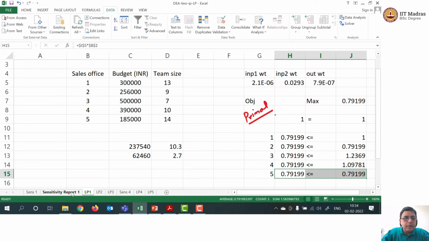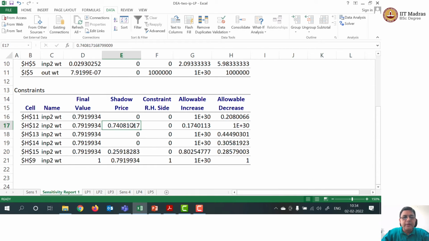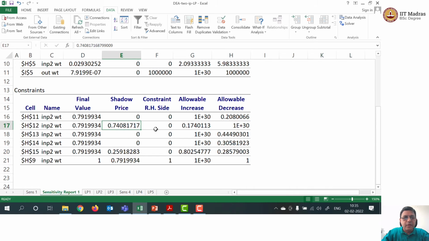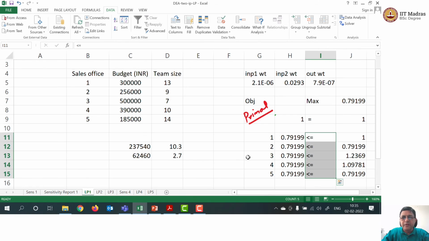So now there are only two dual variables which are non-zero. One was the dual variable for the normalization constraint, which we have already explained. Out of these 5 inequalities, only two dual variables are non-zero. One corresponds to H12, which corresponds to DMU2.